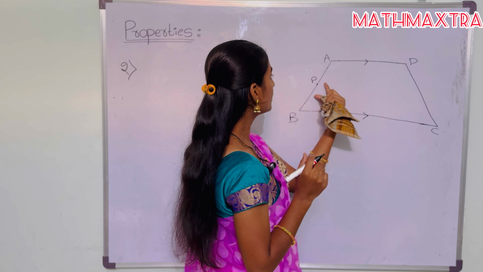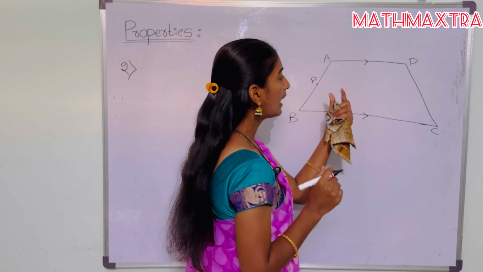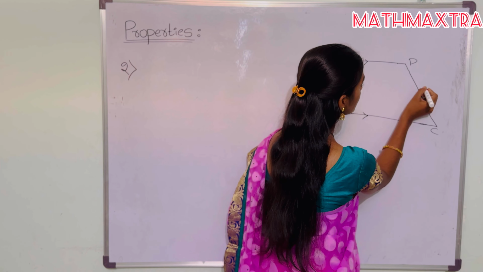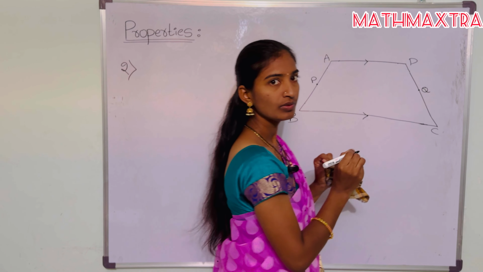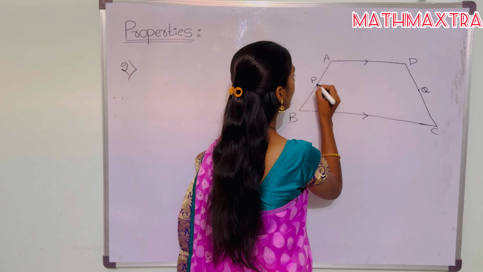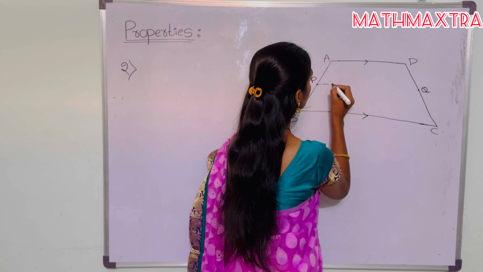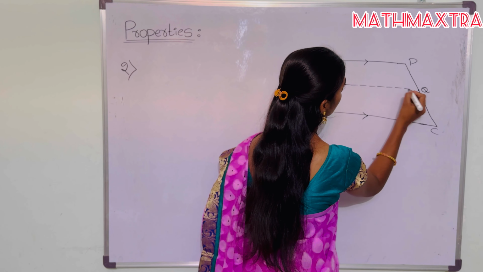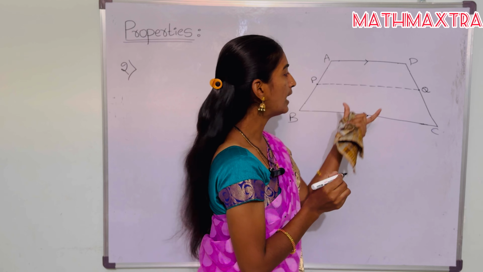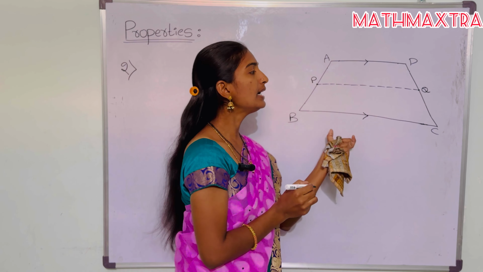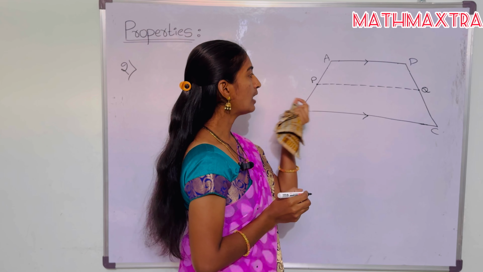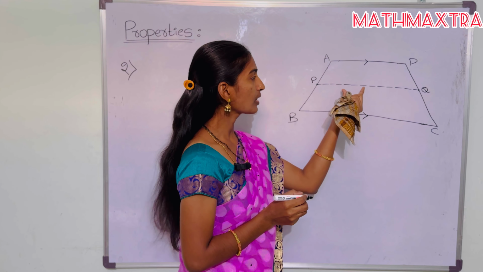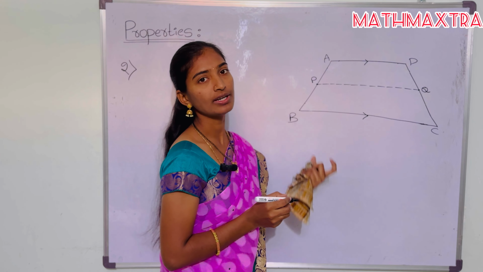I am considering the midpoint of AB and I am also considering the midpoint of CD. This I am taking as Q. If you join a line of these two midpoints, this line segment joining these two midpoints, we call it the median of a trapezium. The line segment joining the midpoints of the non-parallel sides, that we call the median of a trapezium.